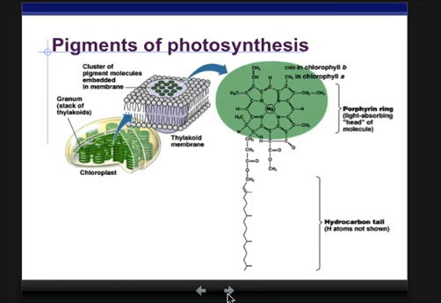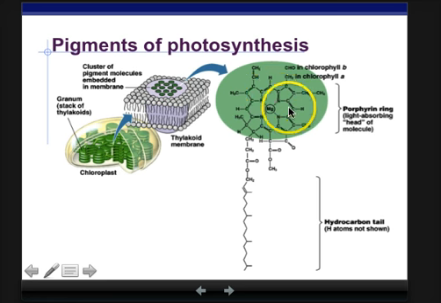All right, in the chloroplast, we have a stack of thylakoids, and in one thylakoid, here's our thylakoid membrane. You see the lipid bilayer there. Sitting here are a cluster of pigment molecules embedded in the membrane. Here's what chlorophyll looks like.